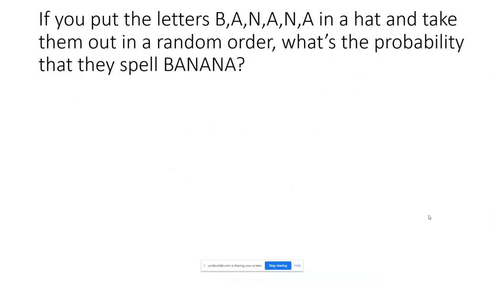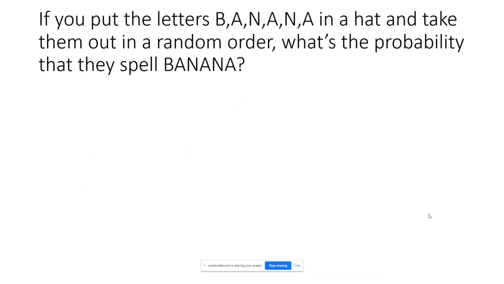All right. So now that we have some extra tools in our tool chest, let's come back to the same idea from the beginning of class. Let's say we put the letters B-A-N-A-N-A in a hat and take them out in a random order. And we want to know the probability that they spell banana.